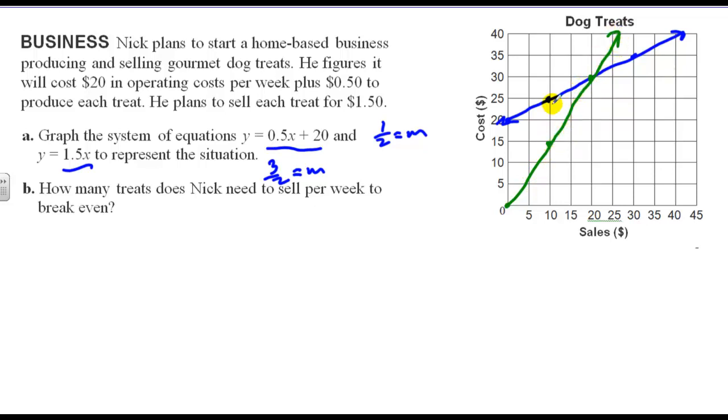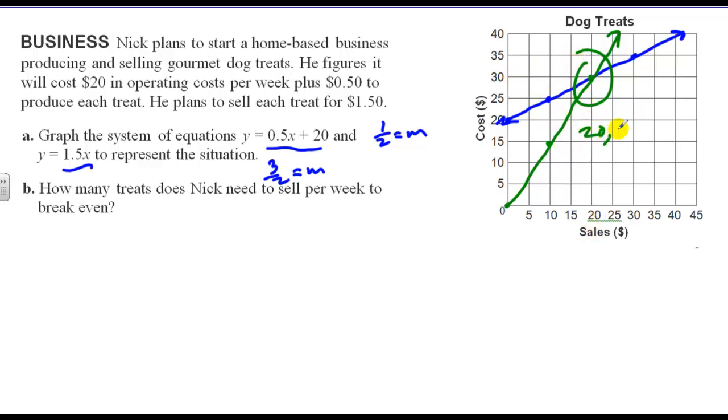And they wanted to know when we're going to break even. And we break even when my number of dog treats equal a total of $20 in sales, and the cost in cash, or these are the dog treats, is 30 bucks.